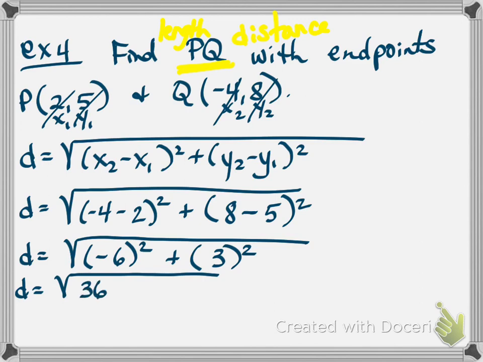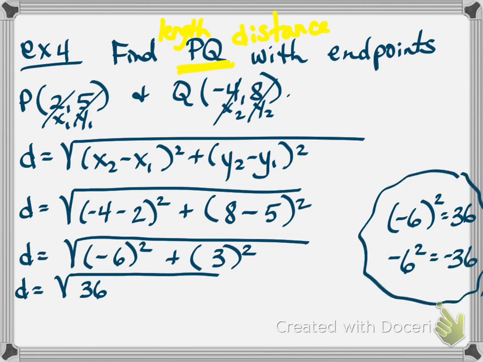If you do it on your calculator, make sure you use parentheses, because this is positive 36 and this is -36. And 3 squared is 9, 3 times 3. Under that square root still, we're going to add now, and we get 45. And I'm okay if we leave it as the square root of 45 because we haven't learned how to do square roots yet.